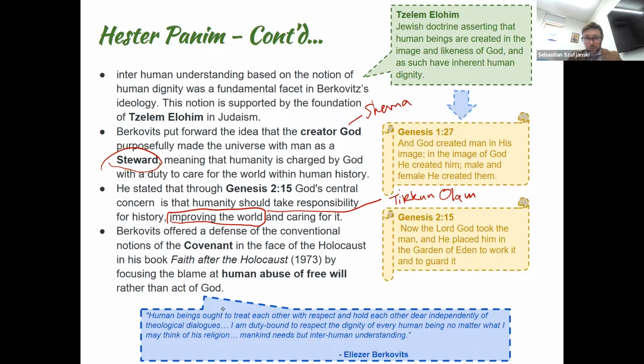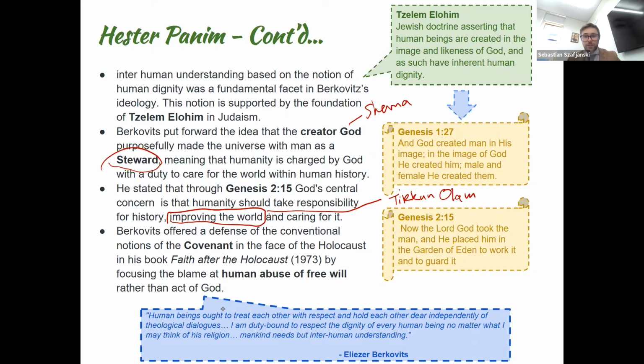Human beings ought to treat each other with respect and hold each other dear independently of theological dialogues. So you see there's the idea of interfaith understanding. If you're moving back to that idea of interhuman understanding, you can link it to interfaith there and talk about that idea.